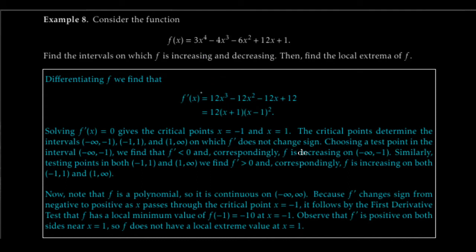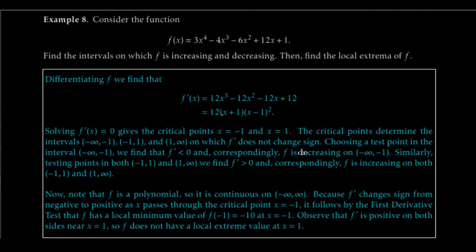So, first step, find a derivative. Differentiating f, we just use the power rule. We find out that f prime is 12x to the 3rd minus 12x squared minus 12x plus 12. A lot of 12s. Works out nice. So factor out a 12 from everything and do a little bit of algebraic manipulation, a little bit of factoring.